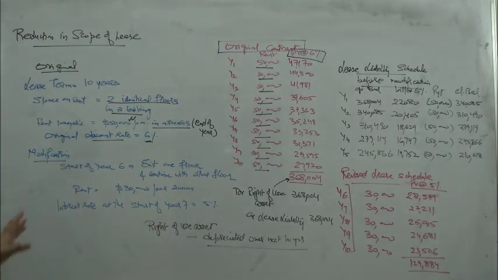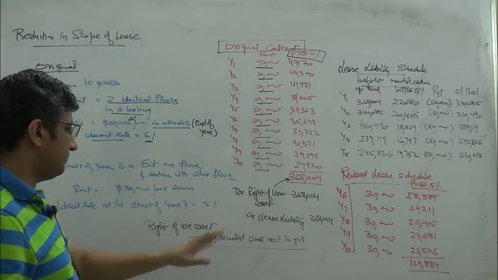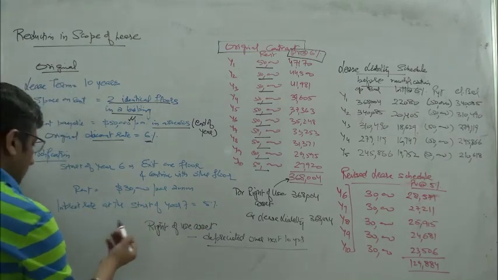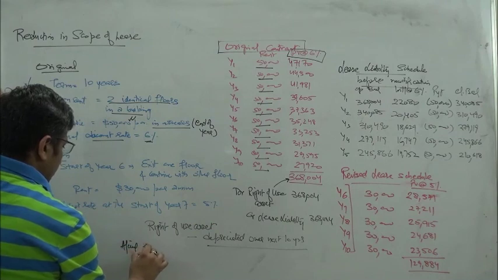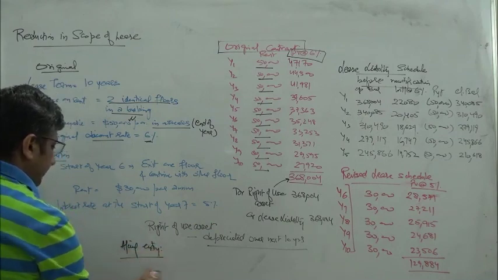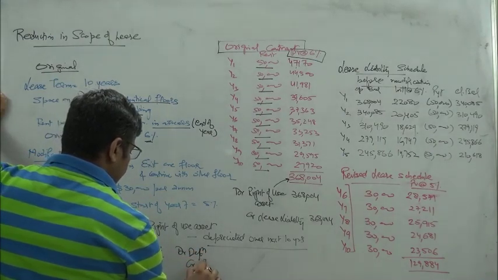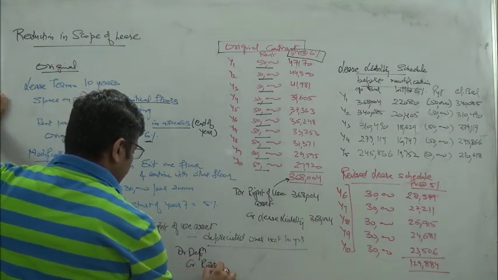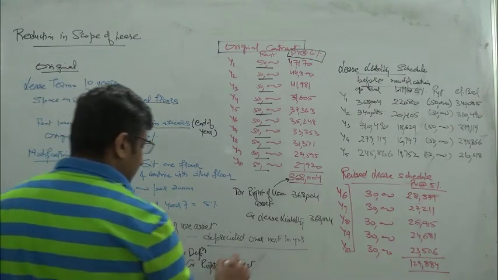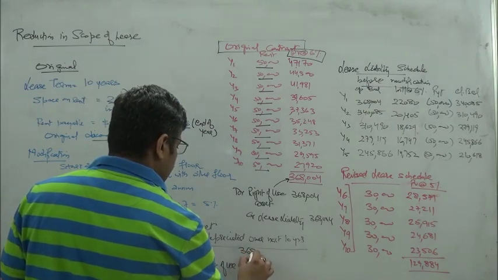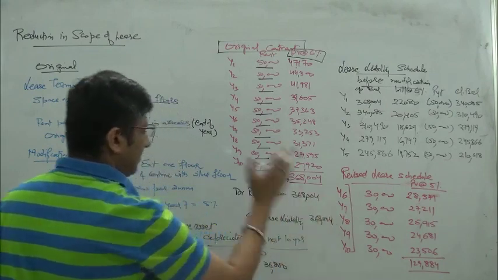So one is the accounting for the right of use asset depreciated over the next 10 years. My annual accounting treatment will be debit depreciation, credit right of use asset. My annual amount would be 368,000, I've just taken 1 by 10 of that.